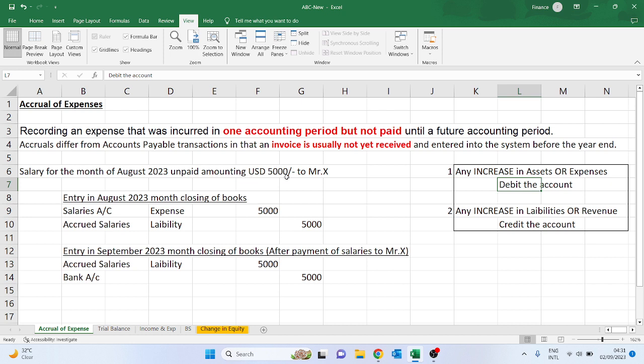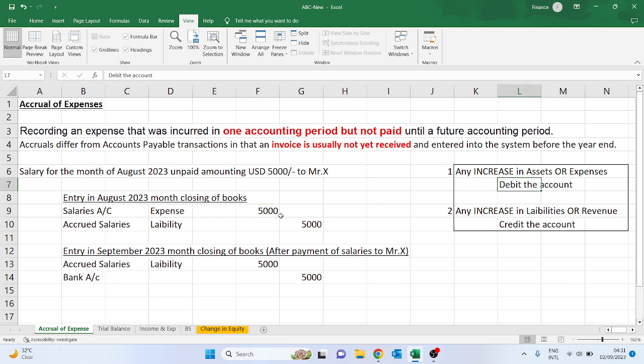This salary is still not paid. At the same time we need to book an expense in the month of August 2023, into the P&L account. So here the salaries account will be debited. Why? Because there is an increase in expense.